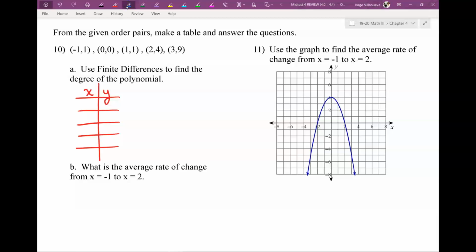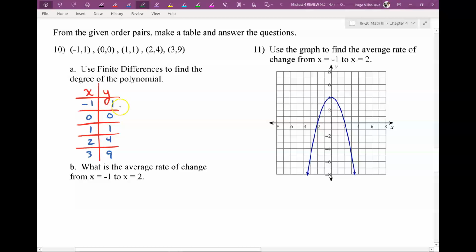And inside, I put negative 1, 1 for the first point, and then 0, 0, 1, 1, 2, 4, and 3, 9. Now, what they want you to do is to find the finite differences and figure out what the degree of the polynomial is.